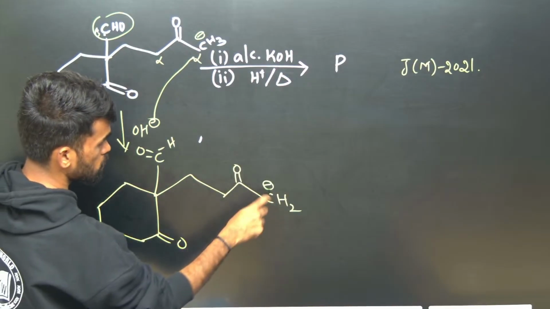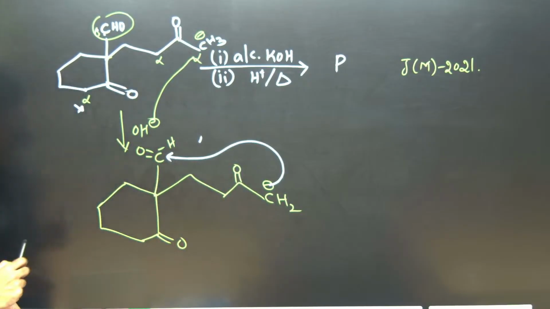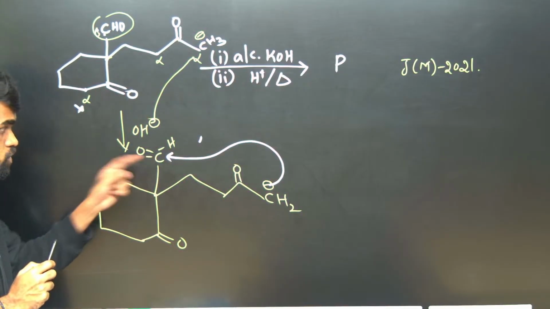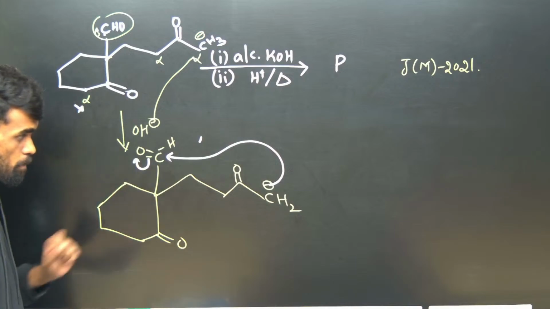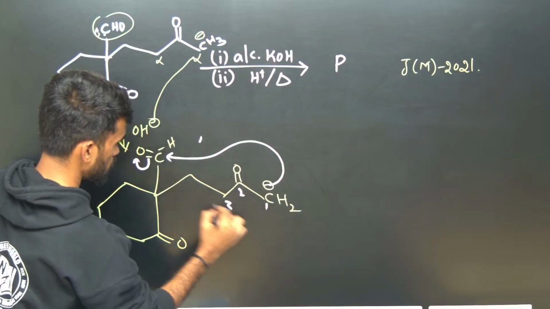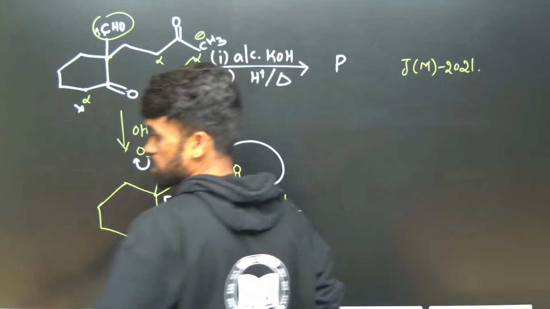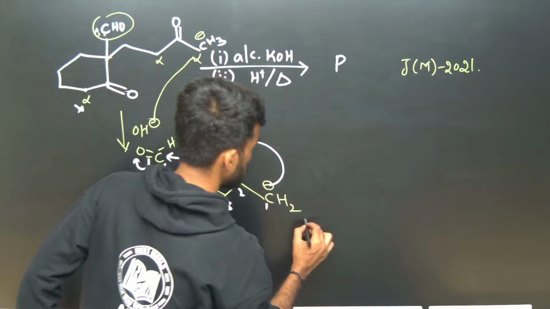So this negative charge will attack this carbon of the carbonyl group. Why? Because it is more electron deficient compared to this. Therefore we get a 1, 2, 3, 4, 5, 6 membered ring. So write that 6-membered ring. What is that 6-membered ring we got here?